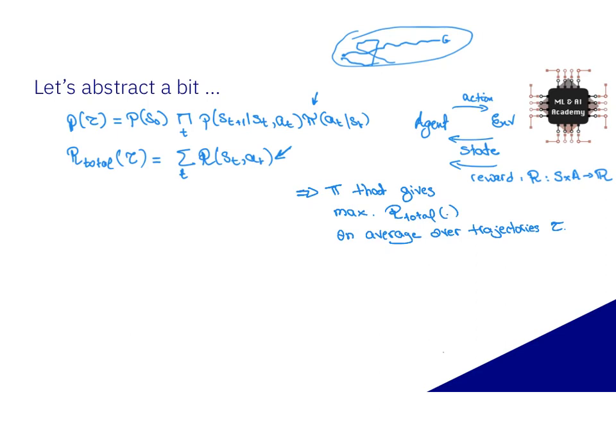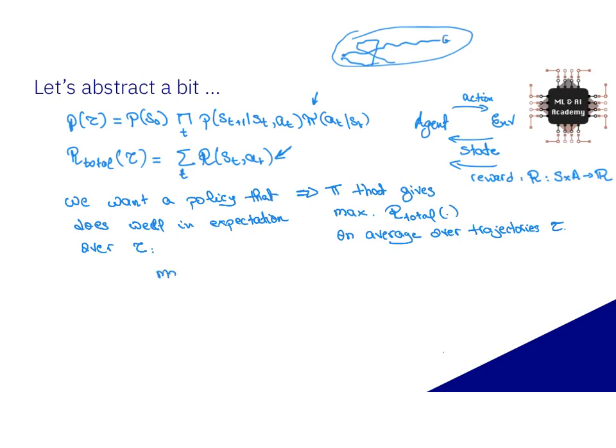Now what does on average mean? Well, mathematically, on average means expectation. So we want a policy that does well in expectation over trajectories tau.